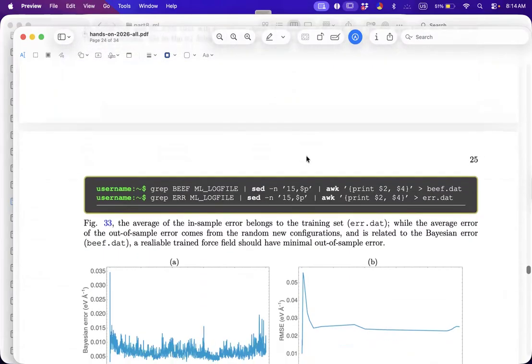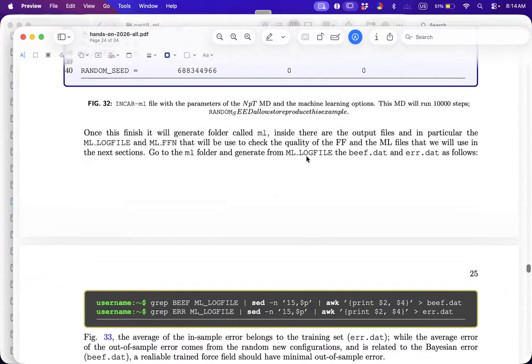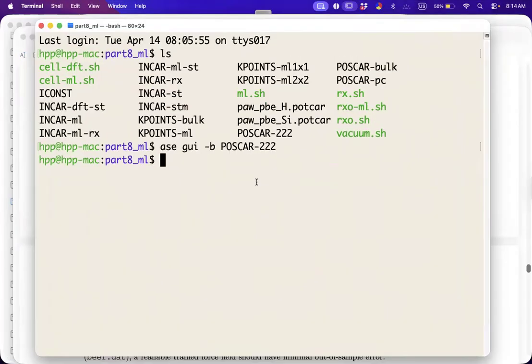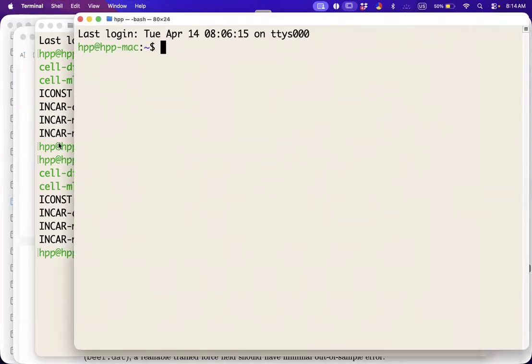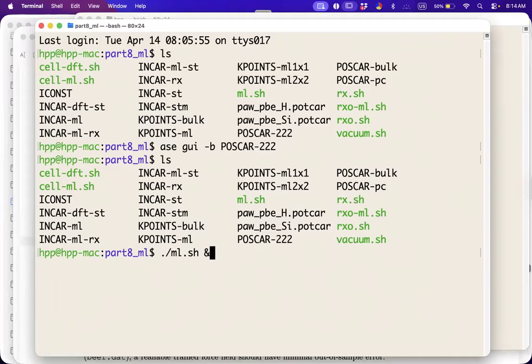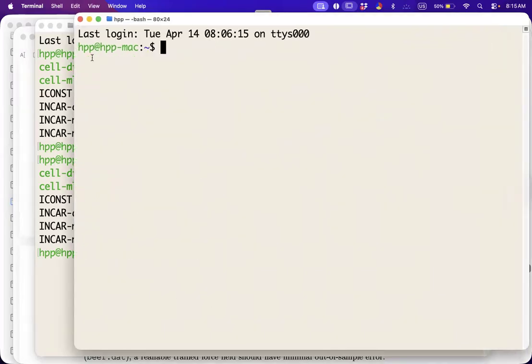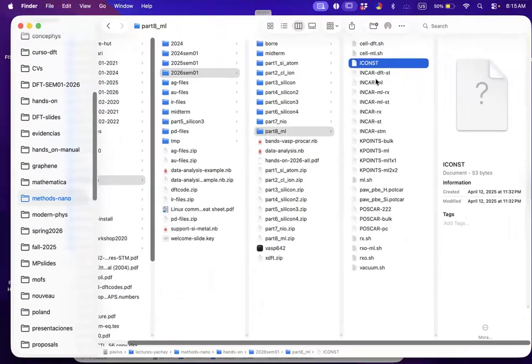So let's start the calculation. Please do ls and run ml.sh. So let's run it. If you put an ampersand it will run in the background, so you can still use this window. But I'm going to leave it like this. It means that if I press enter, I won't be able to use this terminal, but I can check this again here, so I open two terminals.